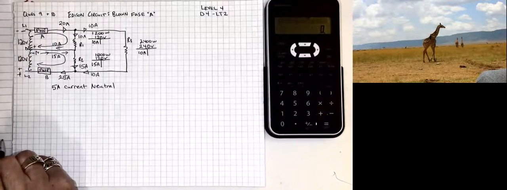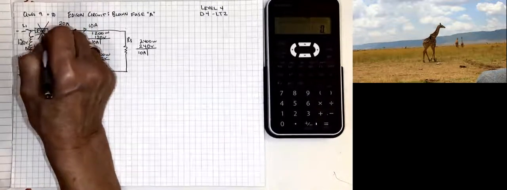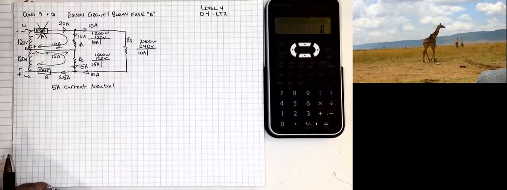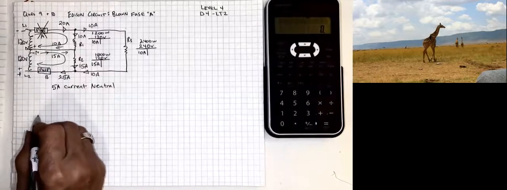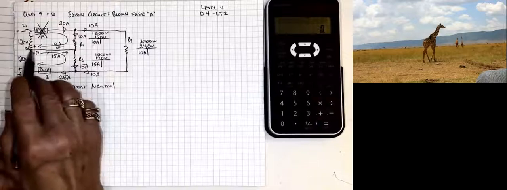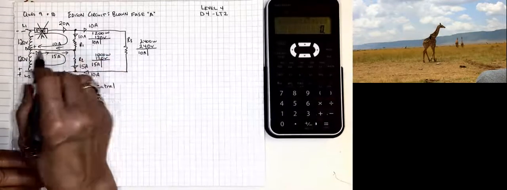So the next thing is, what happens if fuse A blows? We end up with a completely different circuit. If you notice, when I come out of the neutral and get to this junction, I can go 2 ways.